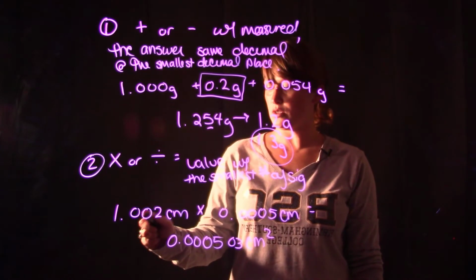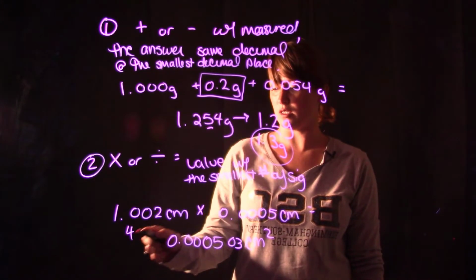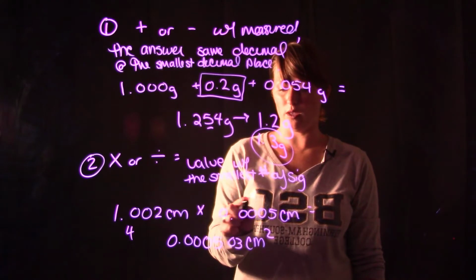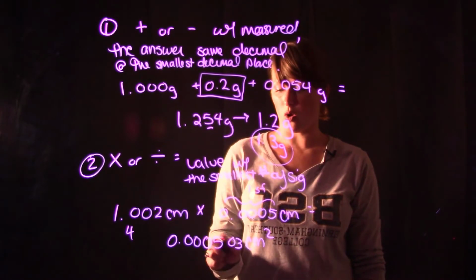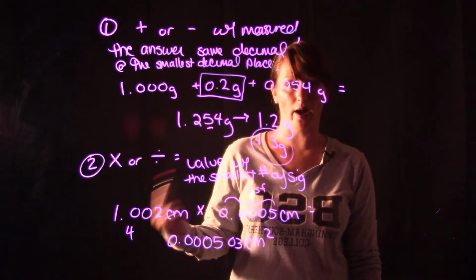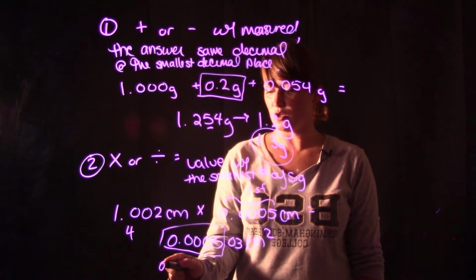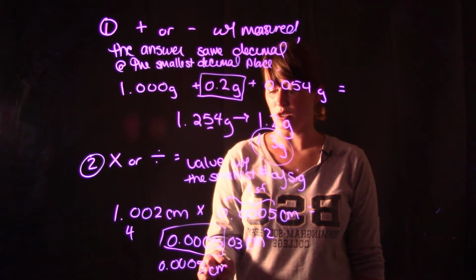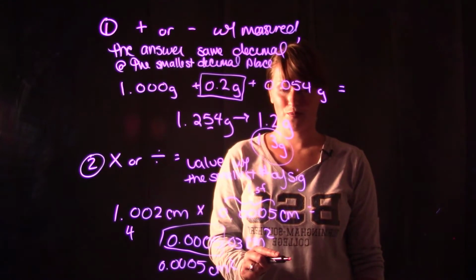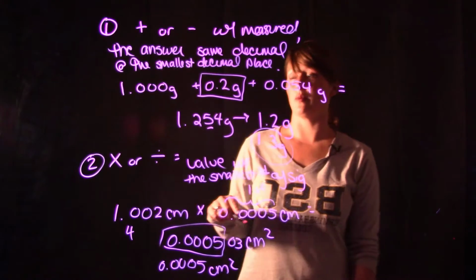Now, 1.002 centimeters has 1, 2, 3, 4 sig figs. This value only has 1 sig fig. So our answer, therefore, must be rounded to 1 sig fig, or 0.0005 centimeters squared.